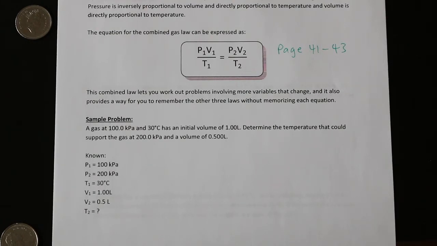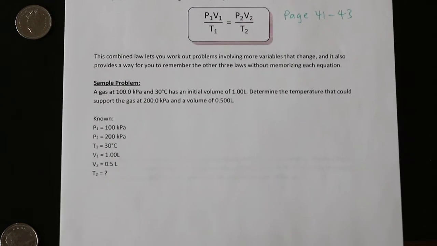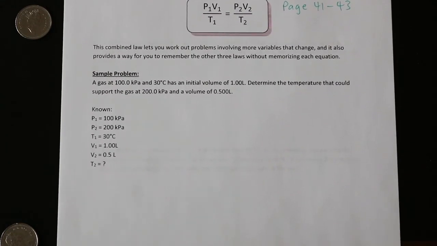Okay, so let's look at a problem where we can use this equation. So if we look at the sample problem, it says a gas at 100.0 kilopascals and 30 degrees Celsius has an initial volume of 1.00 liters. Determine the temperature that could support the gas at 200.0 kilopascals and a volume of 0.500 liters.